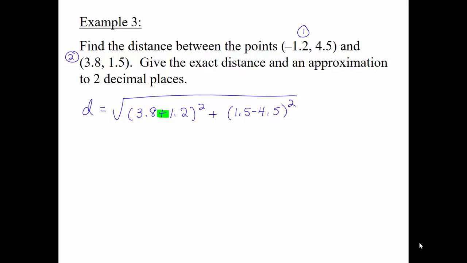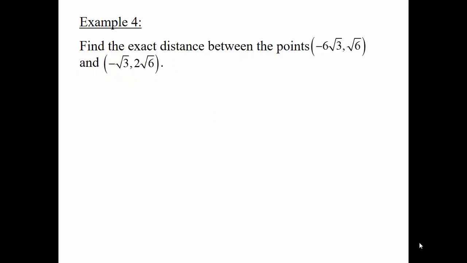That's not changed to a plus because the 4.5 is positive. Take the difference or make the sum and then square them. And so we end up with a nice even number for this, the square root of 34, which is not an exact value, but you can put it in your calculator and get 5.83. Notice the squiggly equal signs. That means approximately equal to.